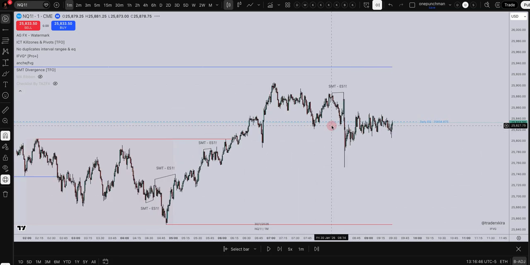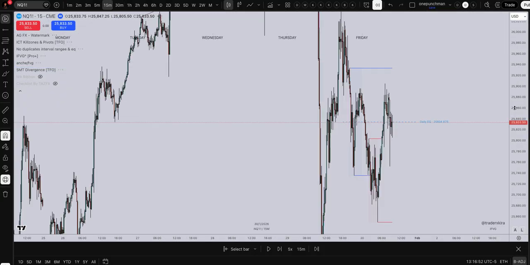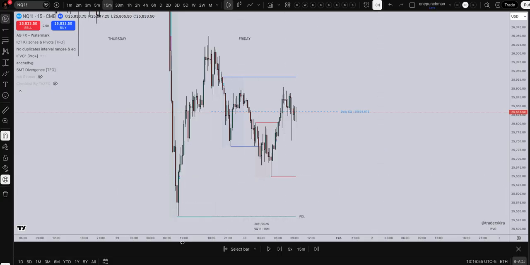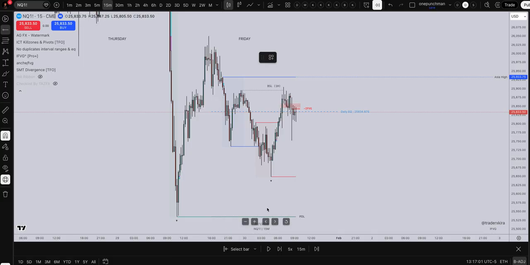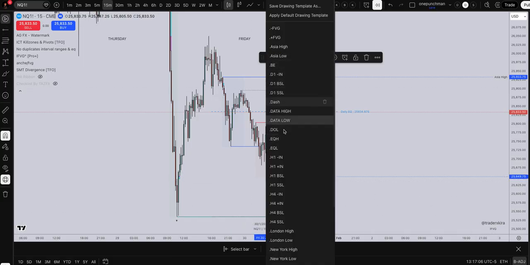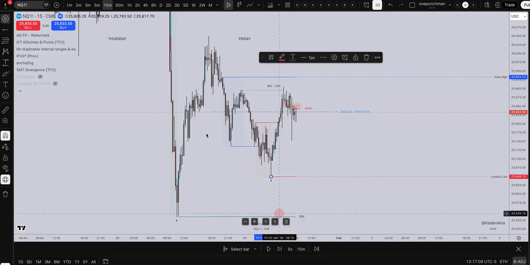So what I do know is that we have Asia high up here. I'll quickly mark that off because some of these levels just overhead were very important today. Mark that off, Asia high. We'll also mark off London low, right there.